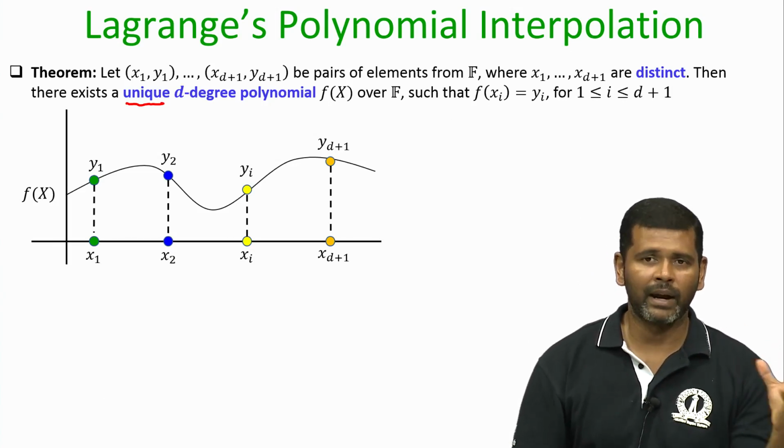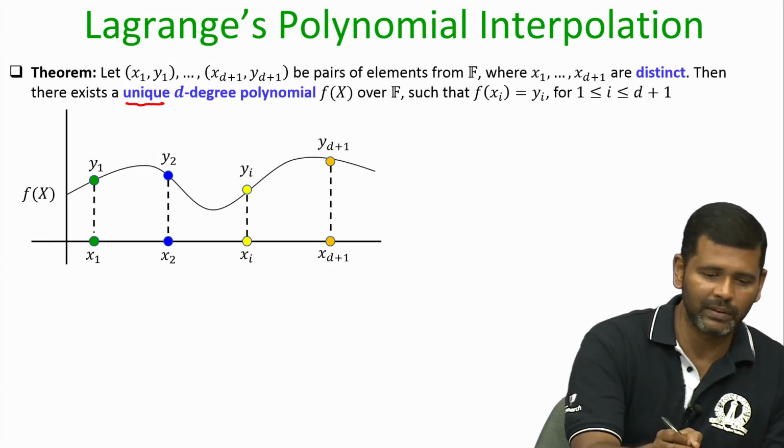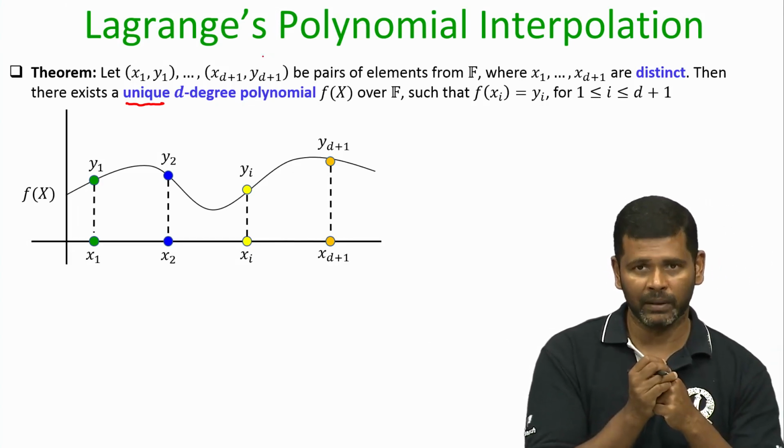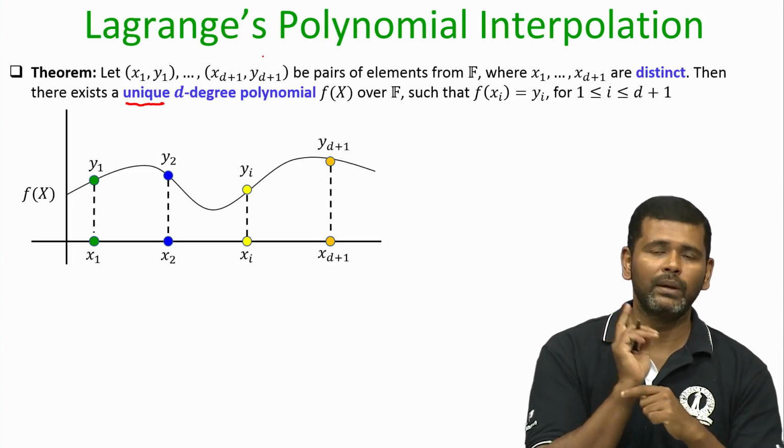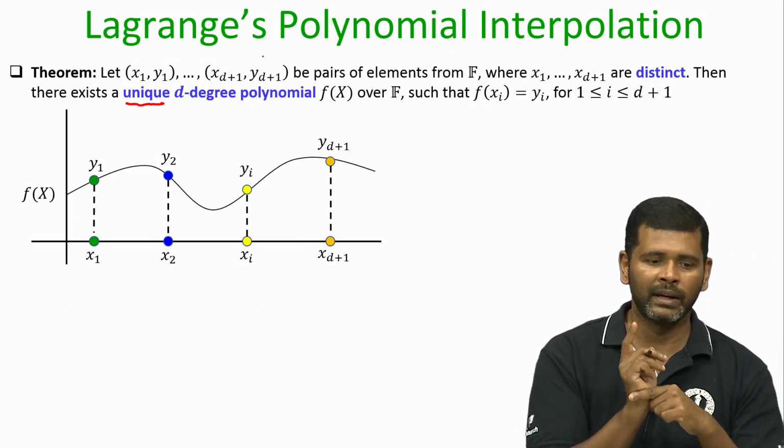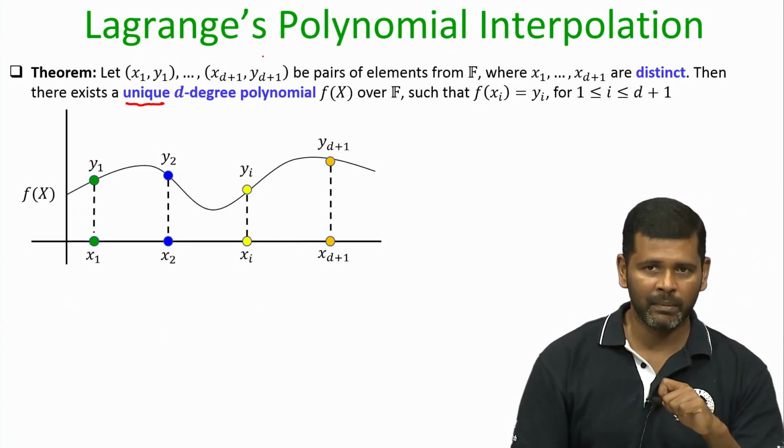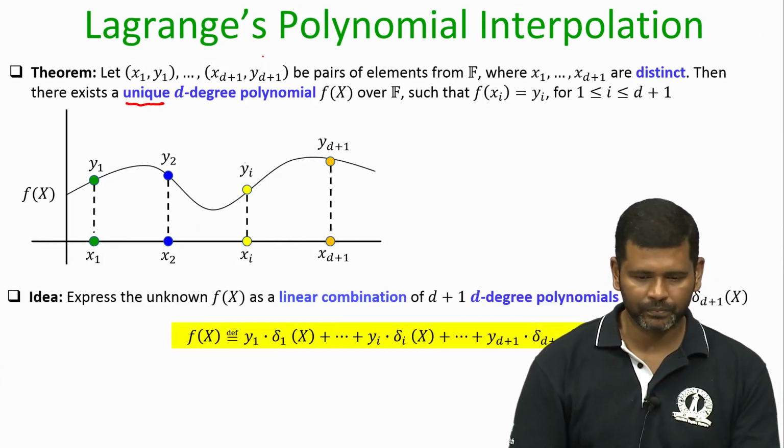They can have at most d common values, but here we are given d plus 1 x y pairs. So, that is why there can be one and only one polynomial of degree d passing through these d plus 1 x y pairs.